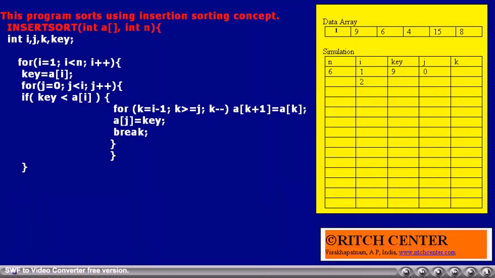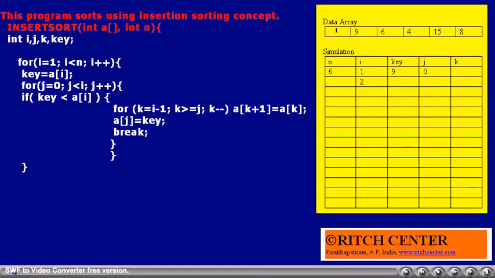Now I value is incremented by 1, that is 2. We have to compare the element at index 2, its value is 6, with all the elements before this. Thus the for loop for j equal to 0, j less than I will be working.